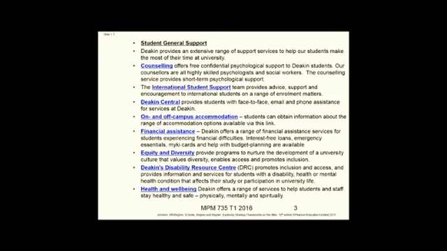There is also a large amount of general, what you might call life support rather than academic support, available within the university. And this covers counselling, free confidential psychological support. There's a separate team that provides support for international students who may be experiencing some difficulties or issues. Deakin Central provides students with lots of assistance for services at the university.